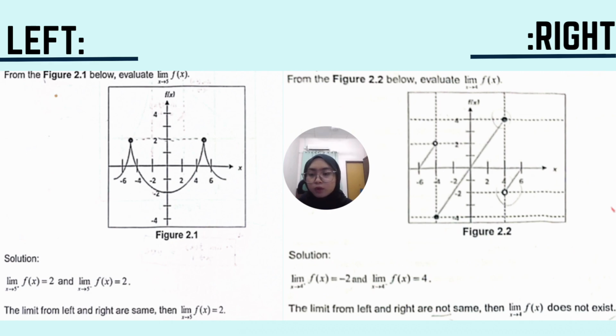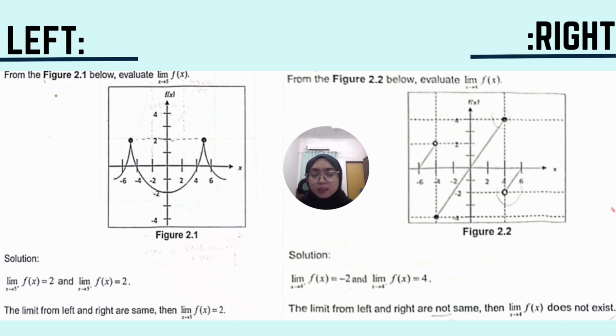So for now, let's examine figure 2.2 at the point x equal to 4. This shows a jump discontinuity. As we approach x equal to 4 from the left, x approaches 4 minus, f(x) approaches minus 2. However, as we approach x equals 4 from the right, x approaches 4 plus, f(x) approaches 4.